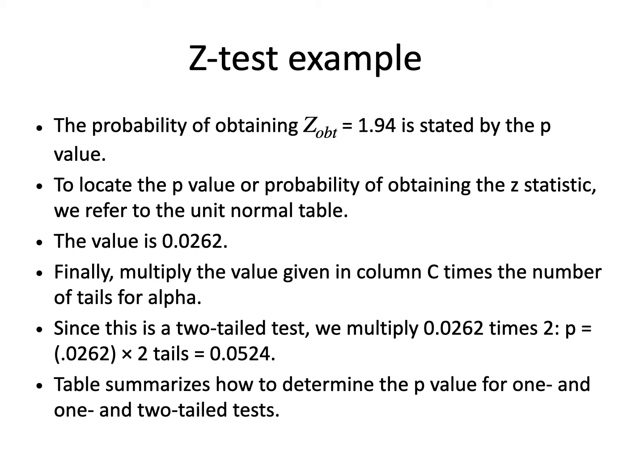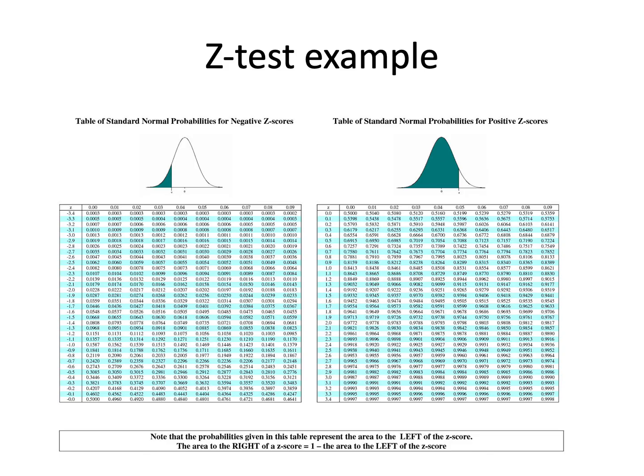The probability of obtaining that z obtained is stated by the p-value, and we can locate the p-value, or the probability of obtaining the z statistic, using a unit normal table. Here is the unit normal table, the z value, and the corresponding p-value.